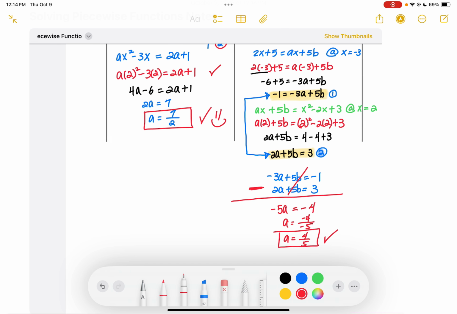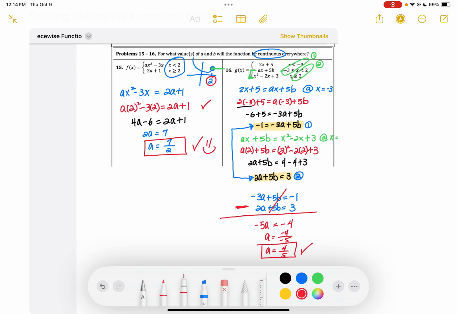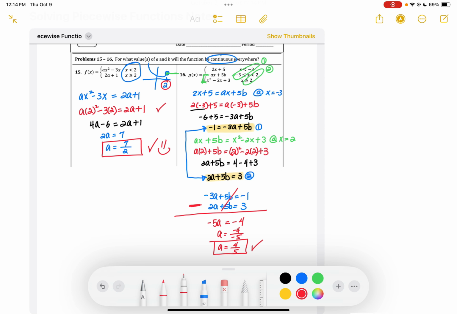Now, if I need to figure out the b value, what shall I do? Well, I got to go back to the equation involving the a and b together. Be my guest. Which one would you like to use? I'm going to substitute that back into my equation 2.